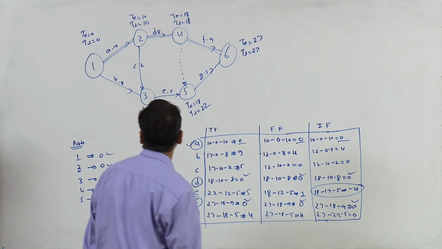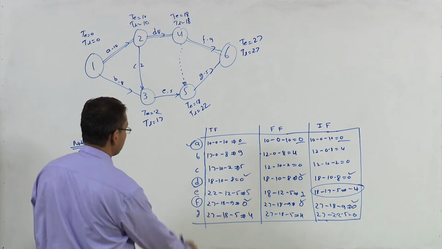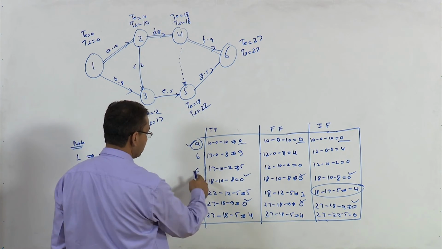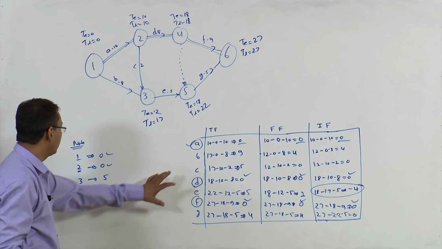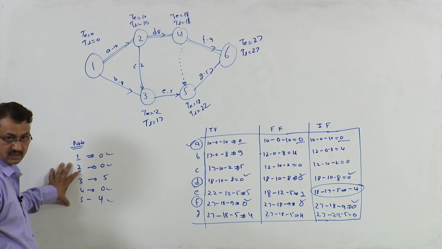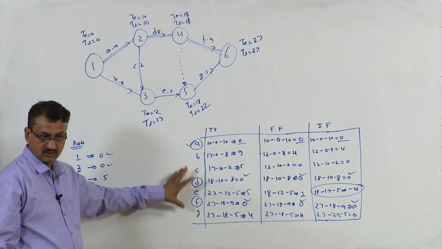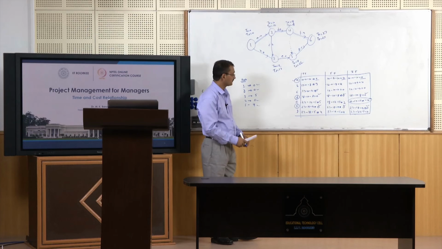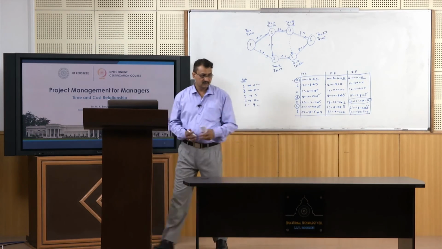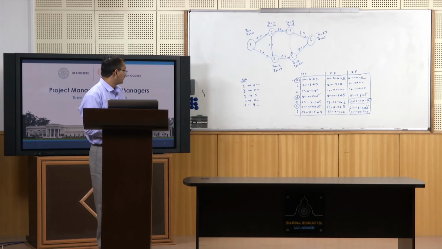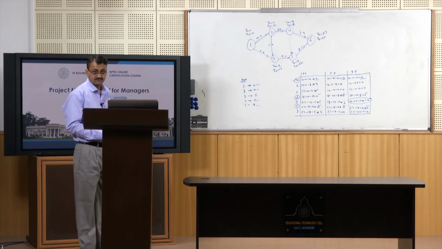So ADF are critical activities and this is the critical path. So we have just confirmed our findings of critical path using the free float method. So this is how you can find out floats.